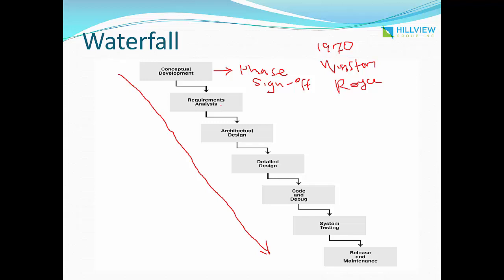In our way of speaking, we would say the user and the software development team are on the same page. After your review, that's when you have the sign off. Once you sign off each of the phases, you archive the document.